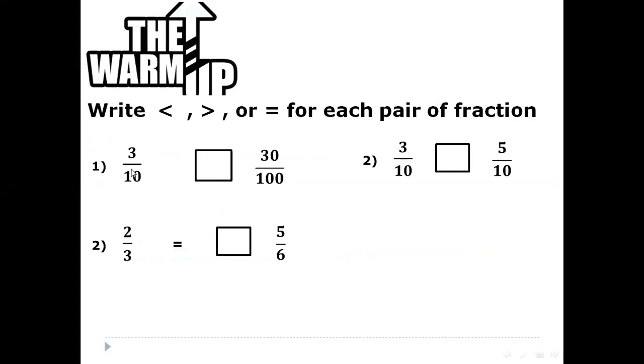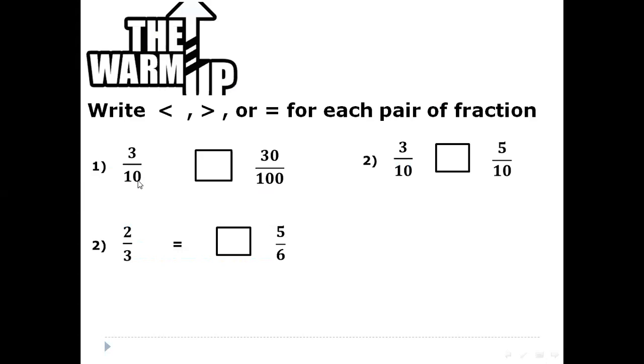How can we turn 10 to 100? Of course, the only way of doing that is multiplication or division, but generally we use multiplication. So 10 multiplied by what equals 100? Yes, you multiply it by 10.